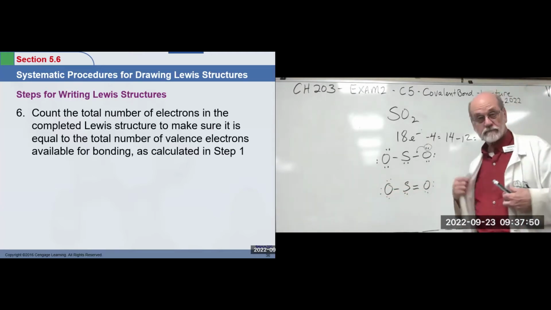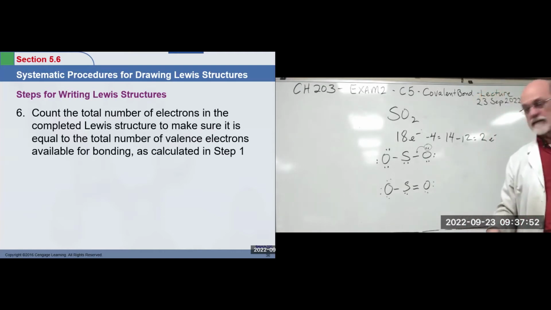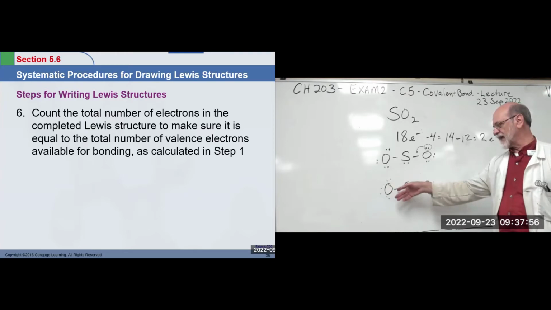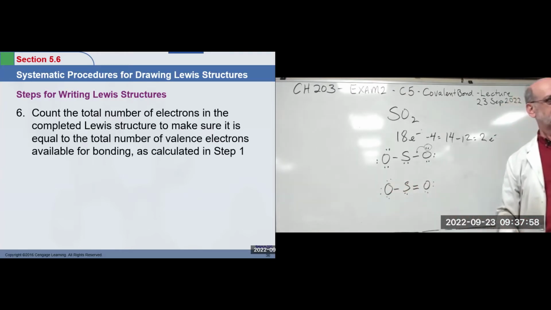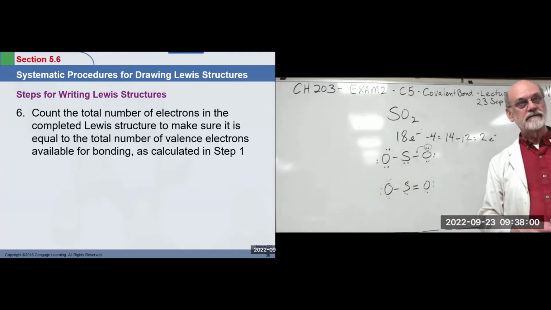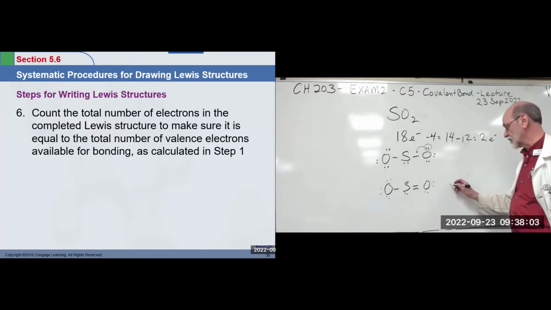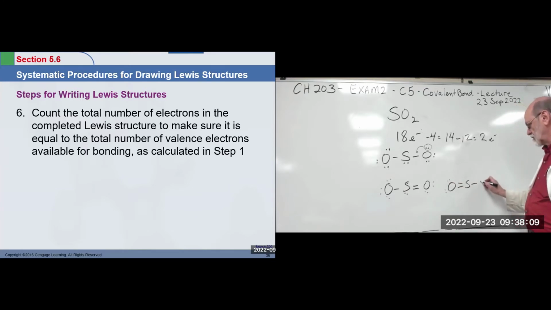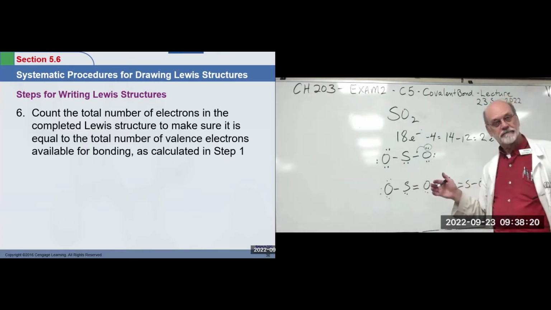Now, I may be jumping the gun a little bit, but why didn't we take a pair of electrons from that side and make a double bond? We could have, right? We could have written it like this. Like that. That's a perfectly valid Lewis dot structure. Just go from the other side.